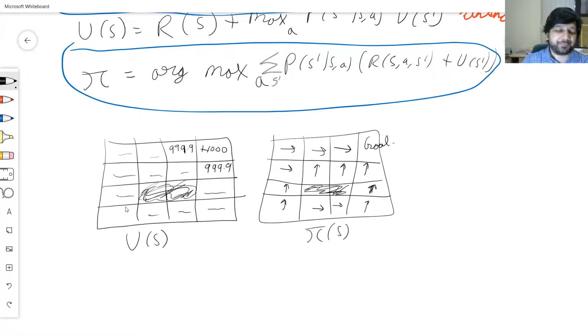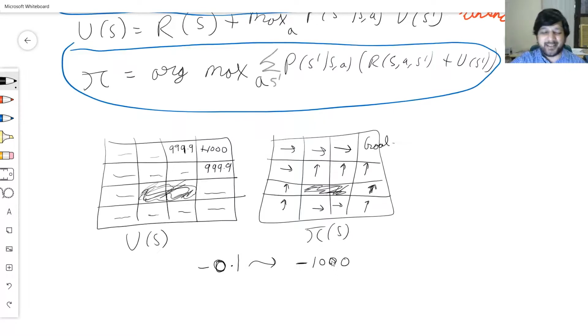Now, let's look at a couple of interesting things. The first interesting thing is that I was taking minus 0.1 as the cost of colliding. What if instead of a minus 0.1, I take it as minus 1000?